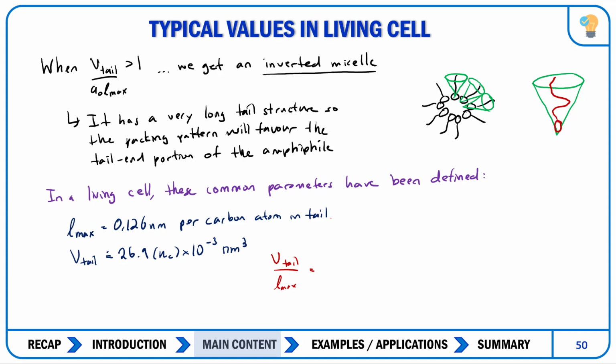So V tail over L max is equal to 0.21 nanometers squared for a single-tailed lipid that's going to turn into a micelle. You have 0.42 nanometers squared for a phospholipid with two tails, and that's going to create a bilayer. So you can kind of see that these are almost doubled. If you have double the V tail over L max, then you're going to move towards the formation of a bilayer because you've surpassed a certain threshold.